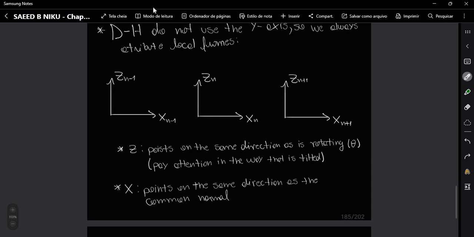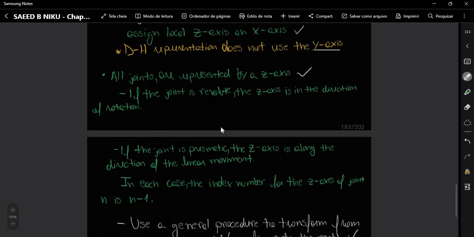Before the joint in the center, we are assigning the reference frame Z n minus 1 and X n minus 1. And for the joint after the center joint, we are assigning Z index n plus 1 and X index n plus 1.